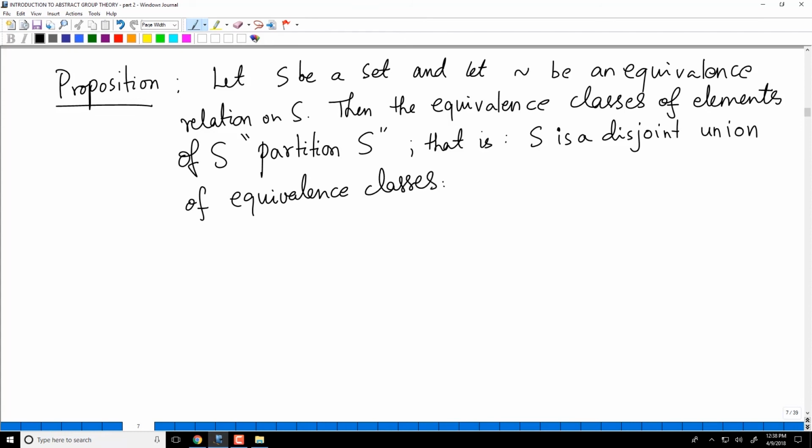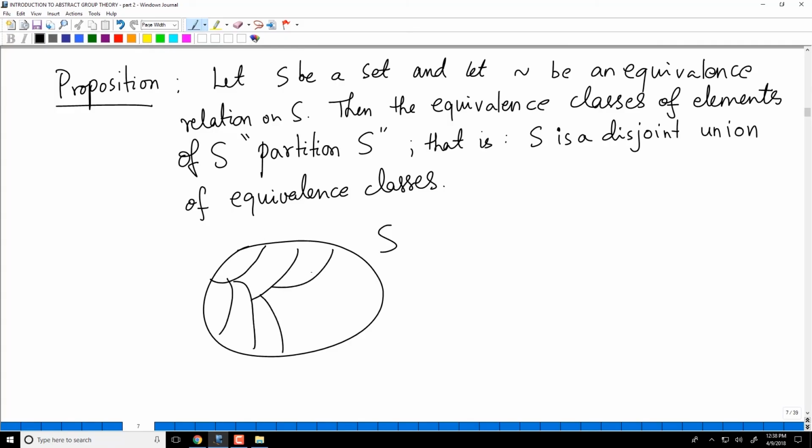Okay. So I will prove this in a minute, but what happens is that you start with a set S, you have an equivalence relation on this set. Then if you take equivalence classes, they may coincide, but there will not be intersections for two distinct cosets.